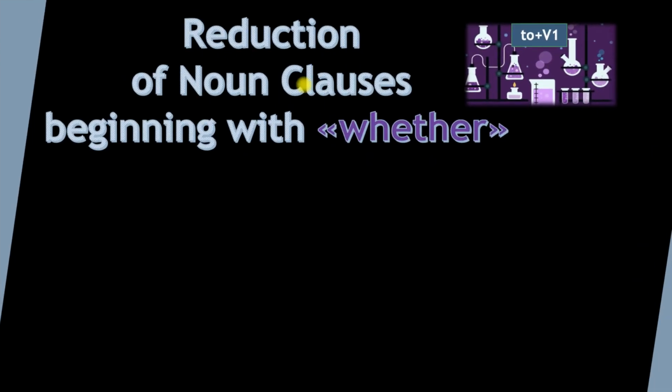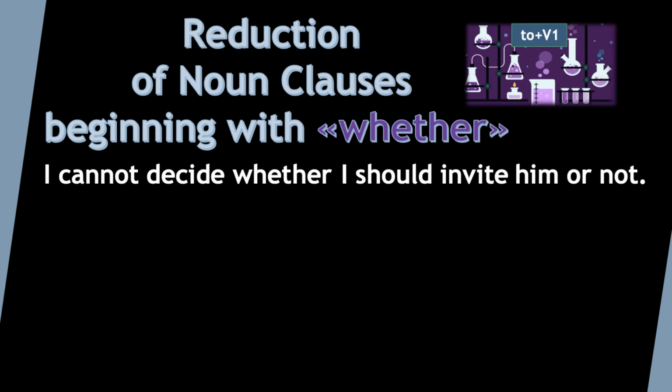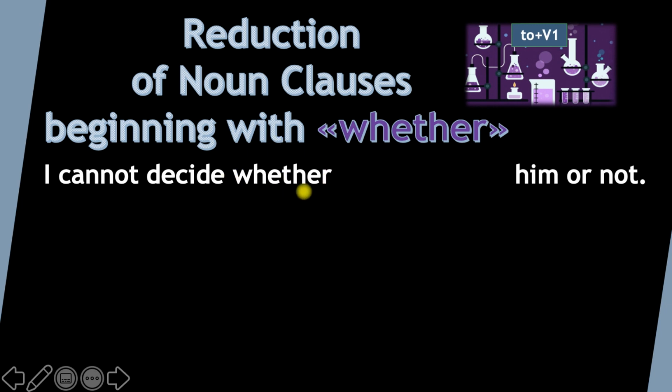And let's now see how we can reduce noun clauses beginning with whether. I cannot decide whether I should invite him or not. Whether I should invite him or not is the noun clause part, okay? We keep whether here and we leave out I should invite and we insert to invite here. How is it possible that I change I should invite into to invite?